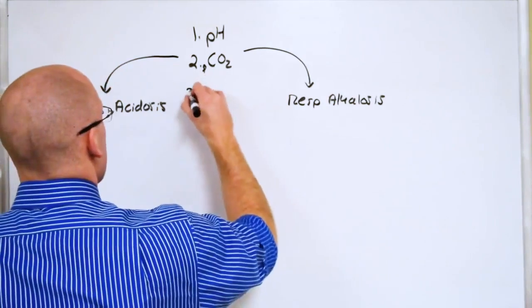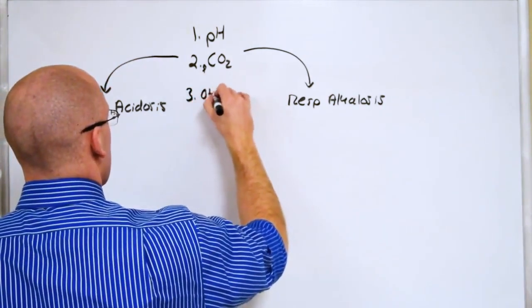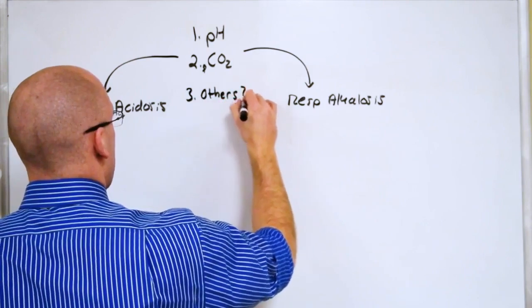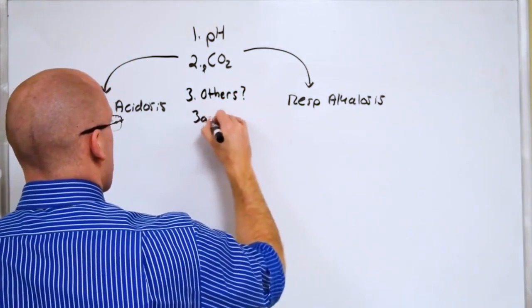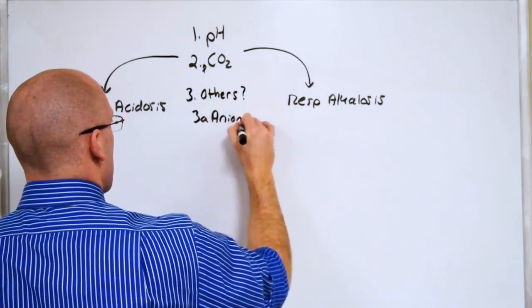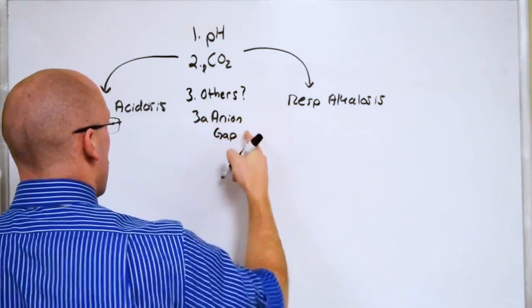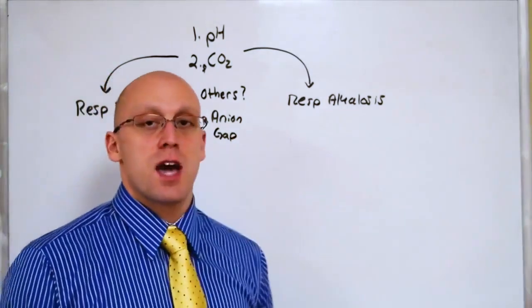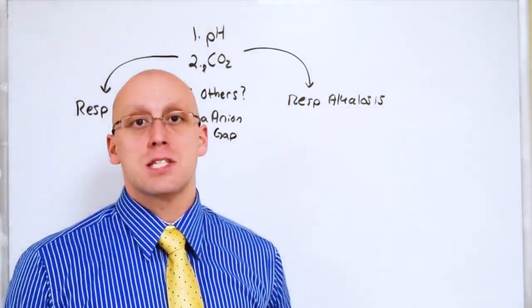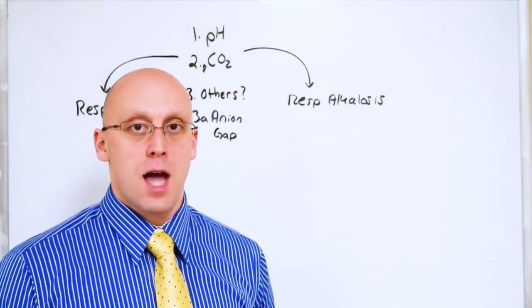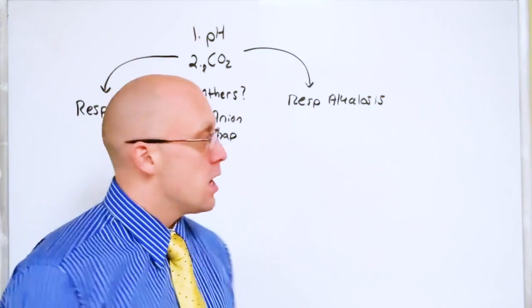Step 3: is there another acid-base disturbance? 3A is to check the anion gap. Doesn't matter what the primary disturbance is, always check an anion gap, because if the anion gap is elevated, you know that you at least also have an anion gap metabolic acidosis.